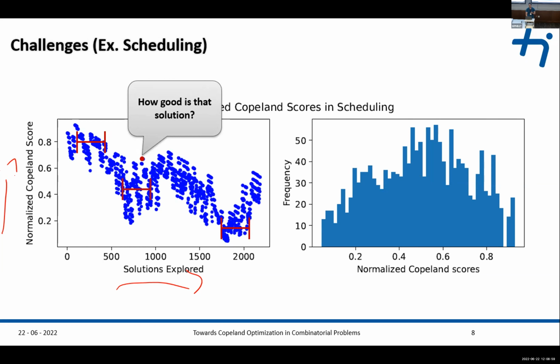Here, we were relatively lucky that the default search strategy just happened to produce very good solutions up front. The other part that's interesting is I hope to exploit these distributions of Copeland scores that we've recovered. Most of the time, they seemed normally distributed.